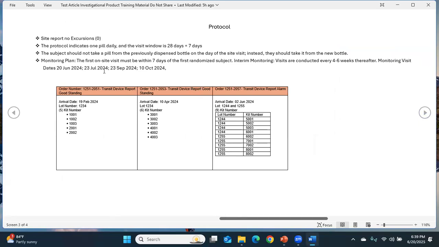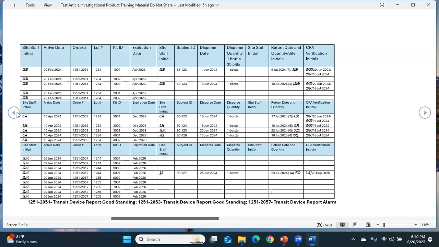Based on this information right here. Protocol indicates 1 pill daily, and the visit window is 28 days plus 7. So was there any deviations there or everything all good?